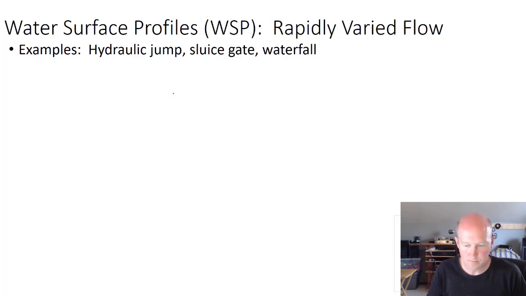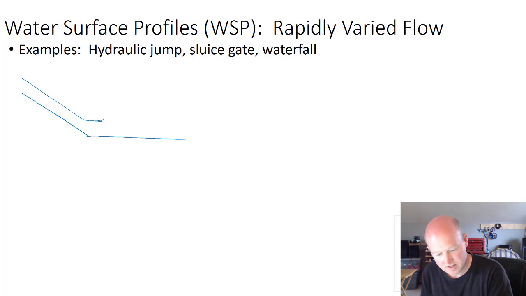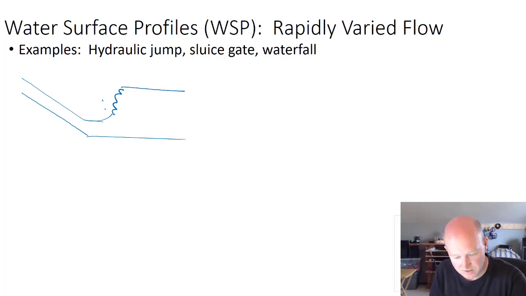Rapidly varied flow is another thing that we'll be trying to do. So the idea is that maybe we've got water going down a hill, and then we've got this S3 curve and then a hydraulic jump. And so we want to know, what's the depth here and what's the depth there? And for that, we'll use the momentum equation.